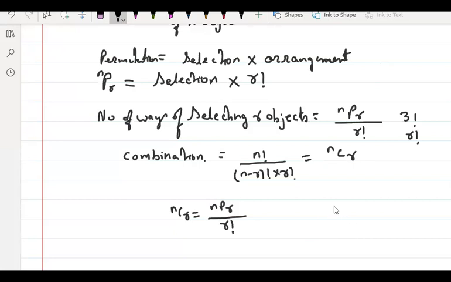Because NCR, which is combination, is NPR divided by R factorial. So I can say that NPR should always be greater than or equal to NCR. Yes or no, guys?